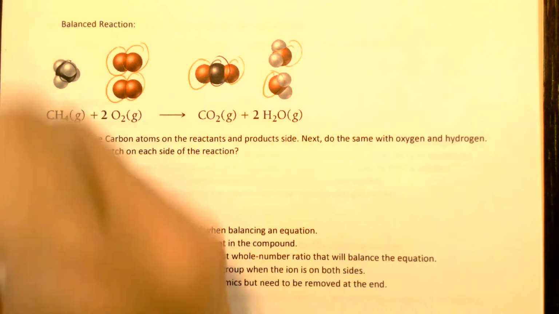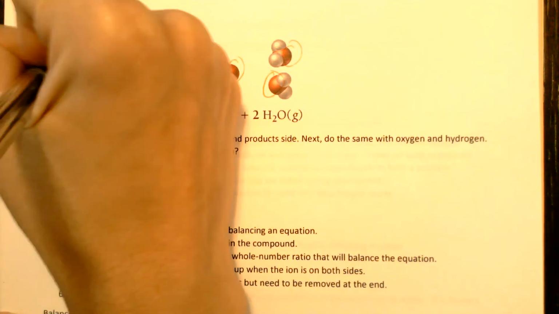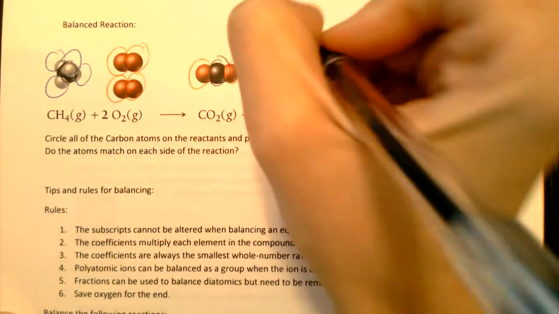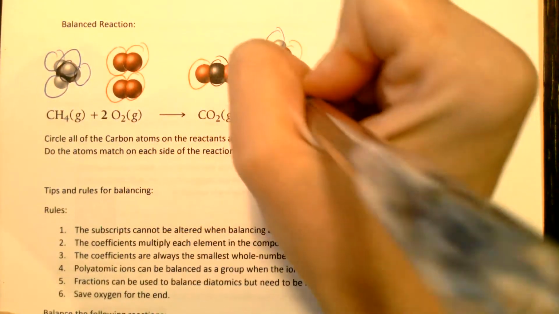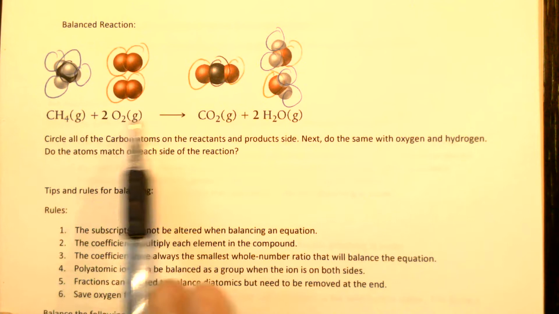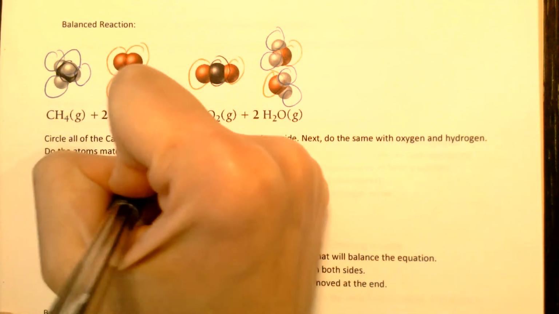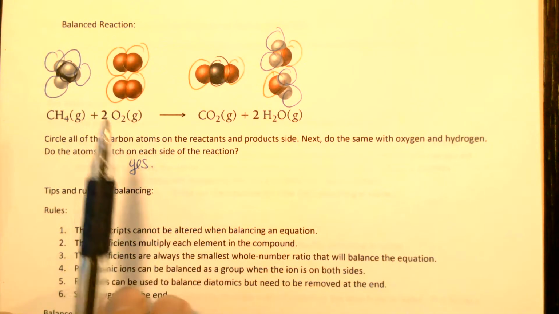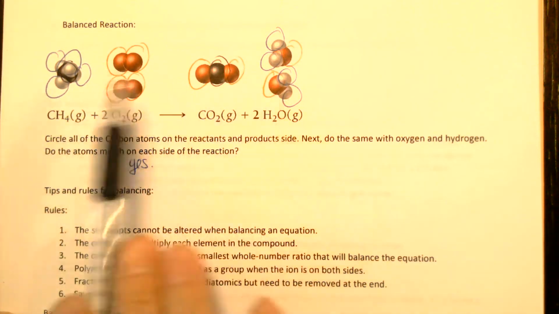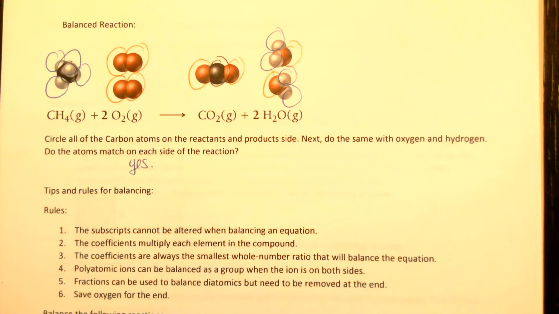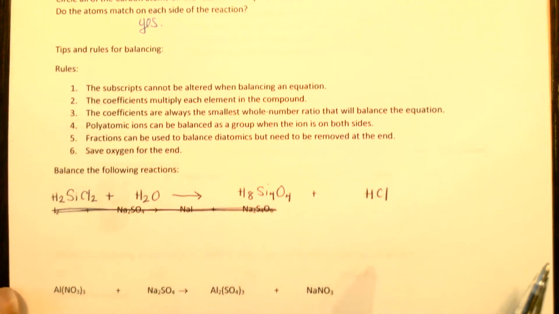So now our hydrogen, 1, 2, 3, and 4. Okay, so they are all now the same, and our answer to this is yes. So that's what balancing does for us. It ensures that we have the same number and type of atom on each side.